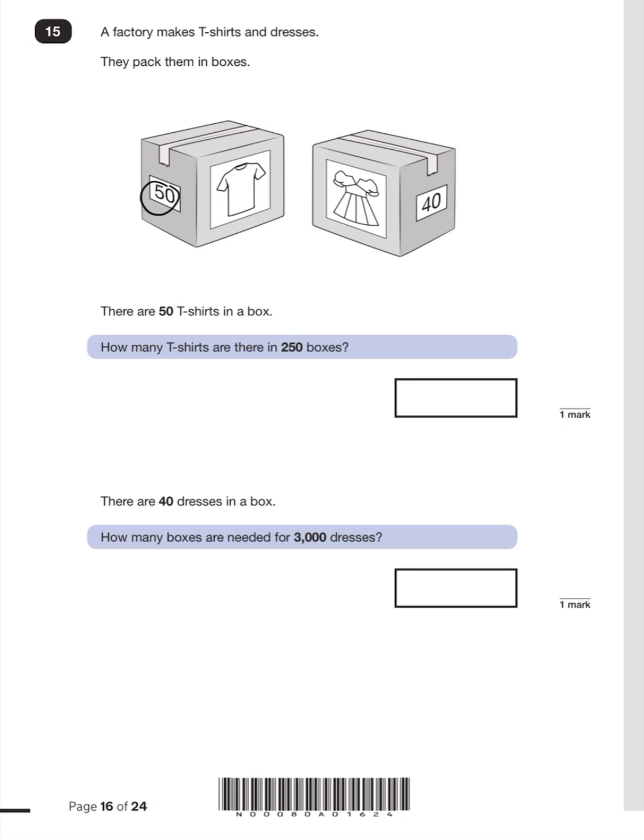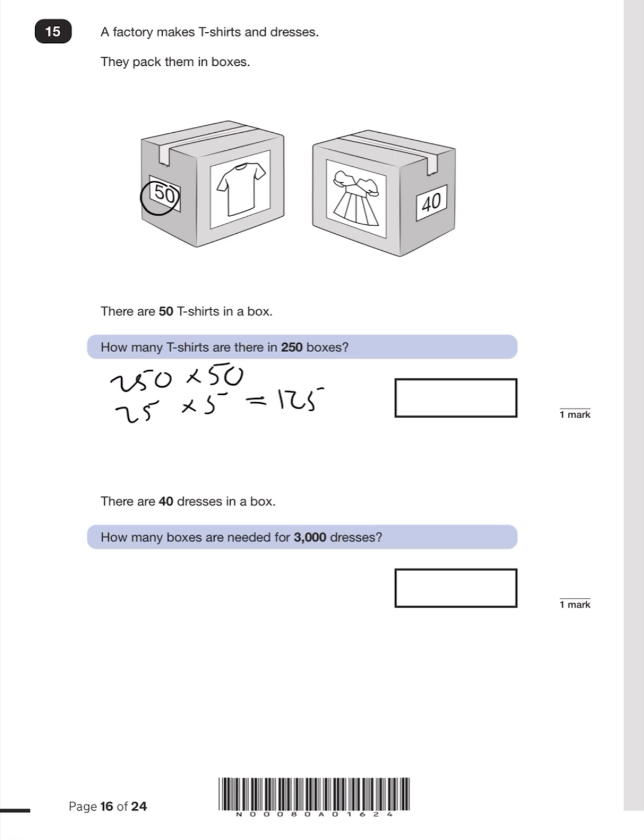So we're doing 250 multiplied by 50. I can remove the zeros and put them back. So I'm going to do 25 times 5. I know that 20 times 5 is 100. 5 times 5 is 25. Therefore, 25 times 5 is 100 plus 25, which is 125.